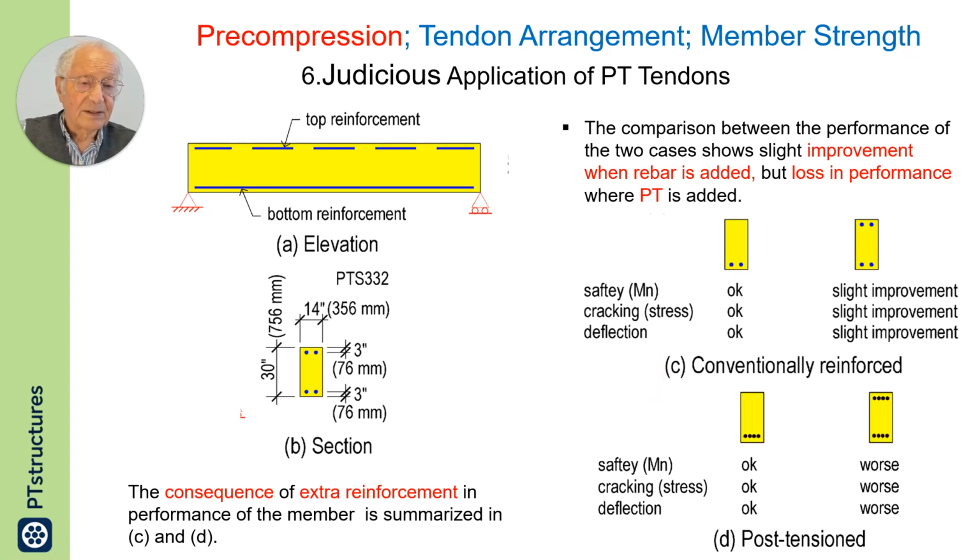Now, in the conventional reinforcement condition shown here, the diagram on the left is by design. The diagram on the right has the added rebar. For safety of the member, the one with added bar slightly improves the capacity because it improves the compression zone.